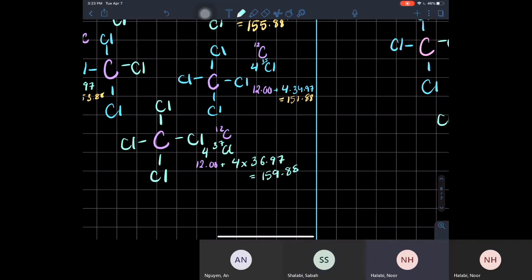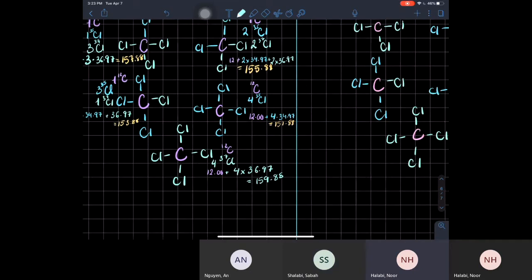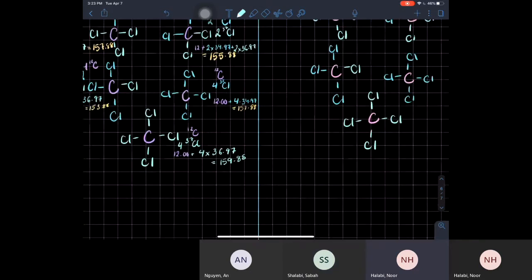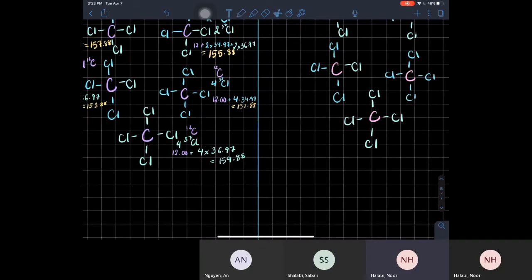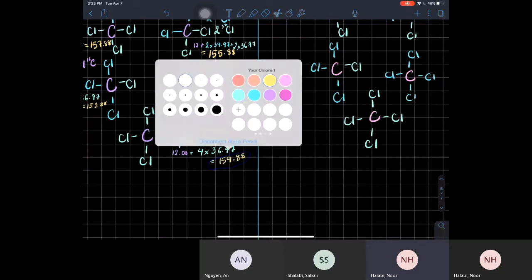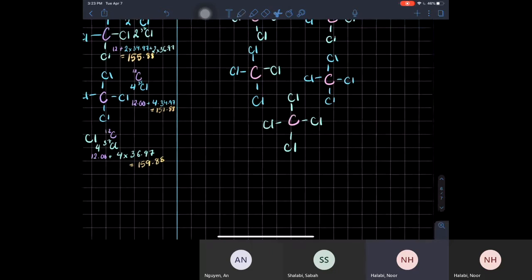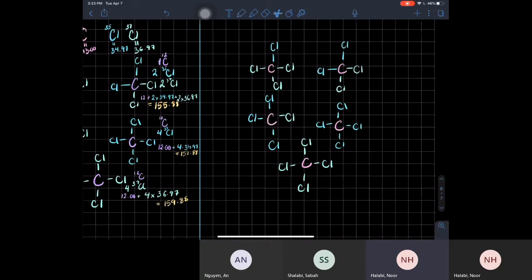So now a cool trick about all of them. They're all basically the same, right? Remember when we were drawing them, all we did was change the carbon. So now instead of carbon 12, we're using carbon 13, right?